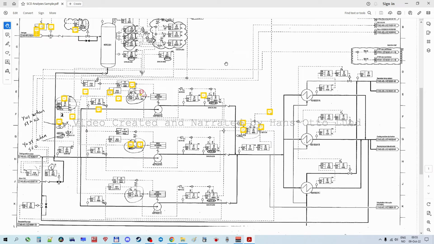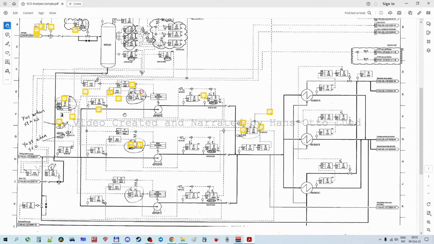So what this system does in principle is that from all the systems which need cooling, there is a return of that cooling medium, and the temperature of that cooling medium will be quite a lot higher than the temperature of the medium when it entered those systems.